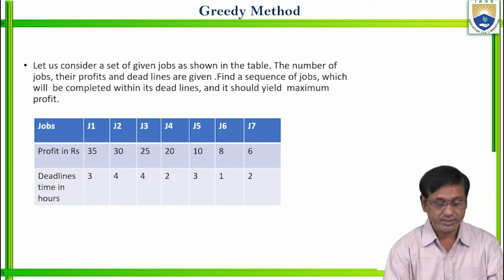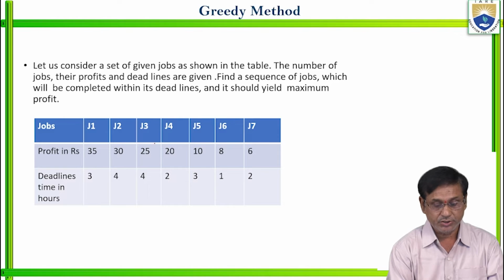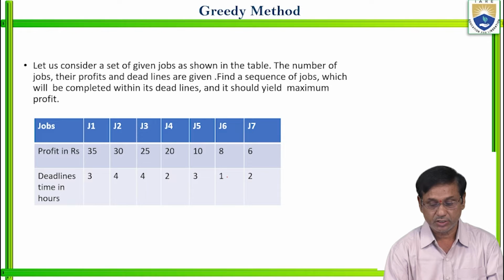Now, in this case, 7 jobs are there and the profit corresponding to the first job is 35, second job is 30, third job is 25, fourth job is 20, fifth job is 10, sixth job is 8, seventh job is 6. The deadline is: first job can wait up to 3 hours, second job 4 hours, third job 4 hours, fourth job 2 hours, fifth job 3 hours, sixth job 1 hour and seventh job 2.